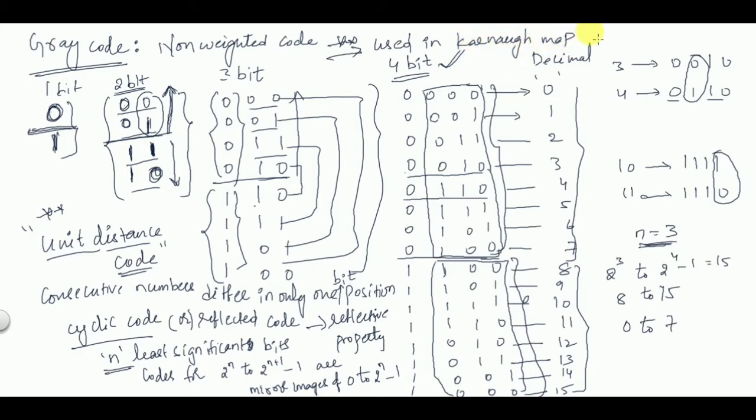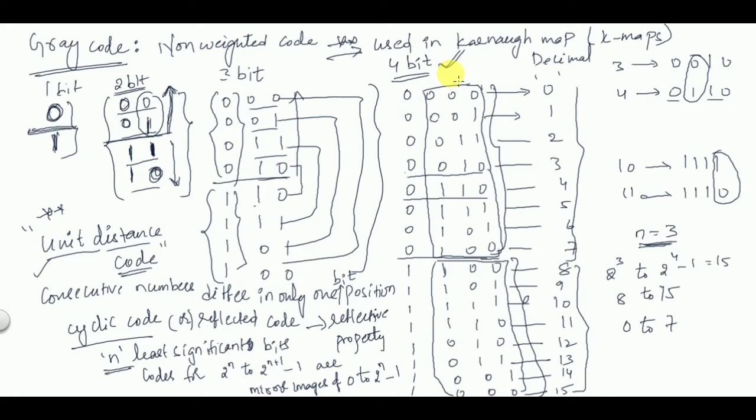So gray codes are used in K maps. We'll discuss K maps in upcoming videos. Until then, remember that the application of gray code is K map simplification, because of this unit distance property.